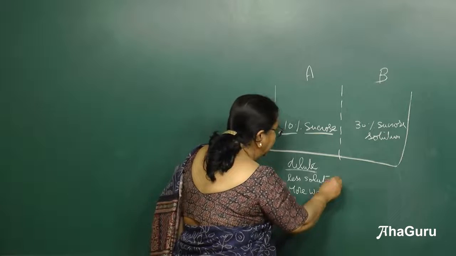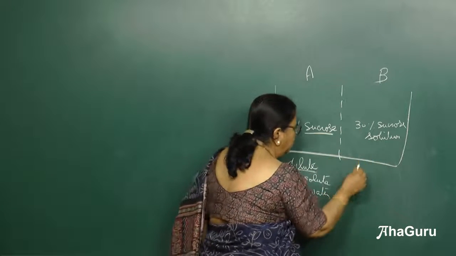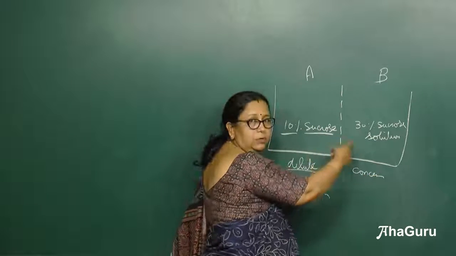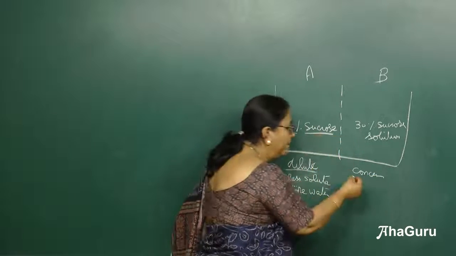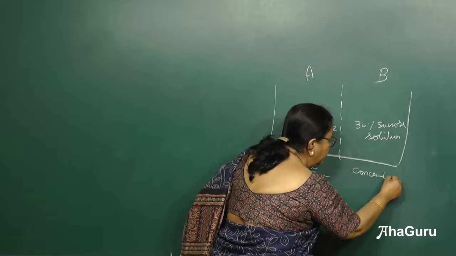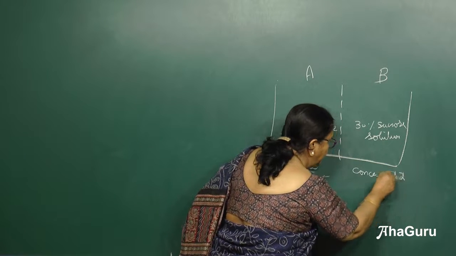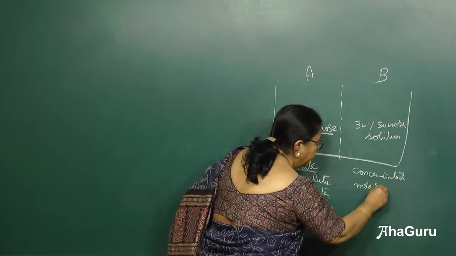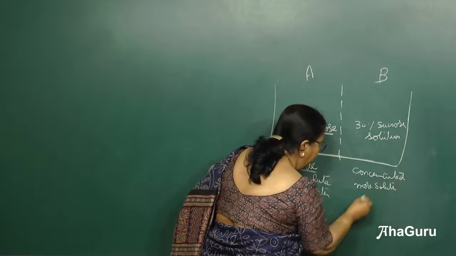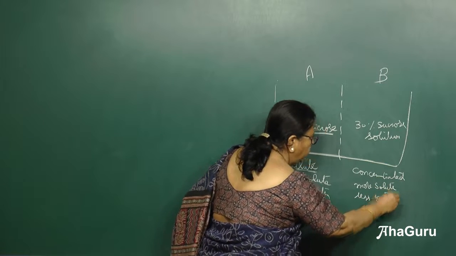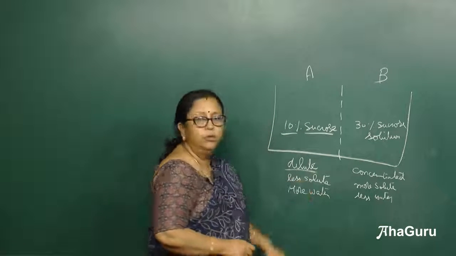But if you look at the other solution, it is just the opposite. It is concentrated. It's a relative term, you always have to compare. Here the concentration is higher, so it's called a concentrated solution, which means more solute and less water. Solvent is water, right? Less water. So now how would the water move?